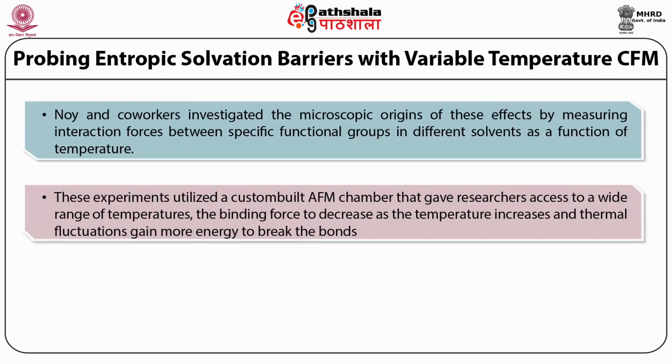These experiments utilized a custom-built AFM chamber that gave researchers access to a wide range of temperatures. The binding forces could decrease as the temperature increases and the thermal fluctuations gain more energy to break the bonds.